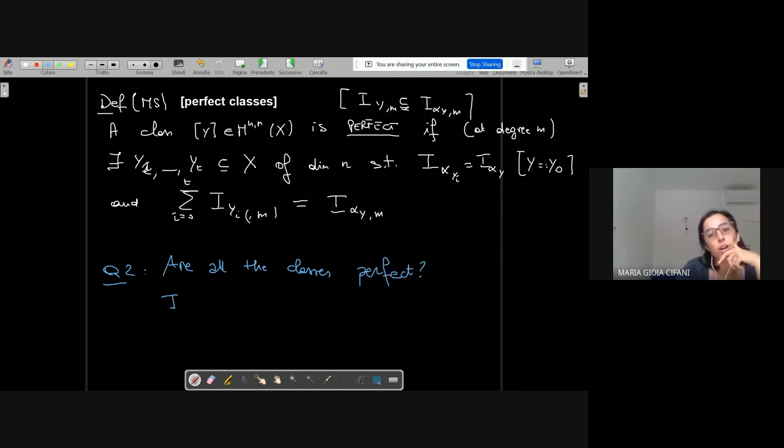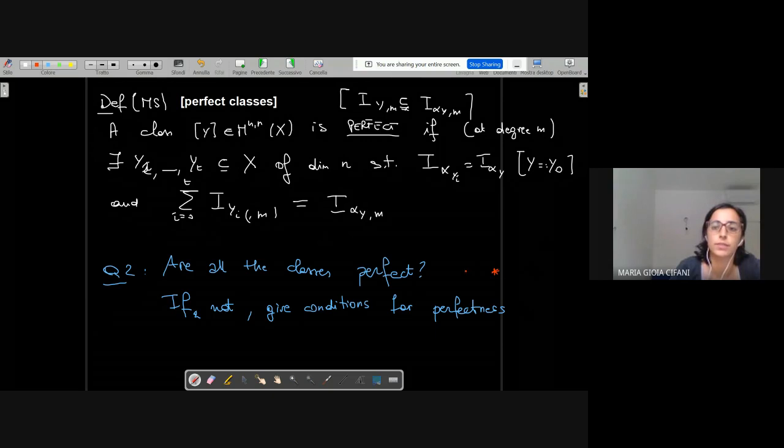And clearly, if not, give conditions for perfectness. Okay. We can answer this, and the answer is unfortunately no, because we have counterexamples.